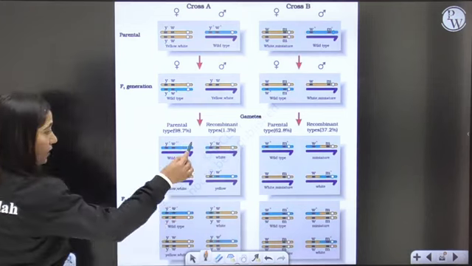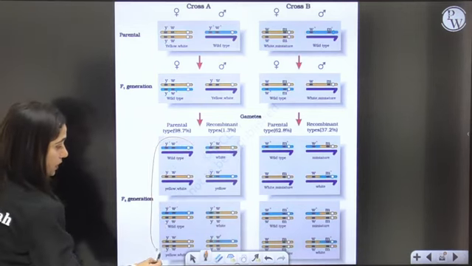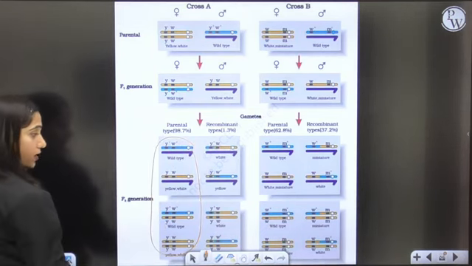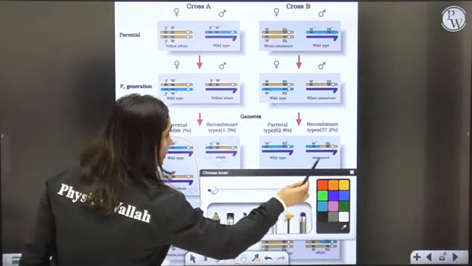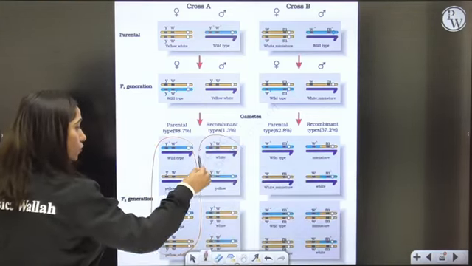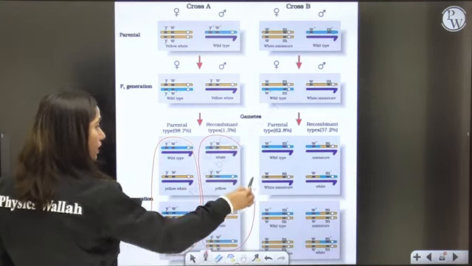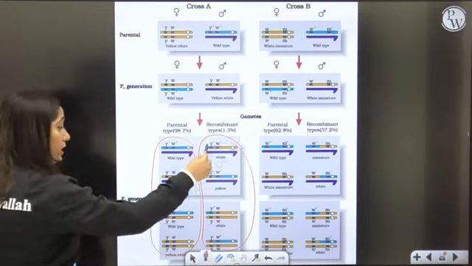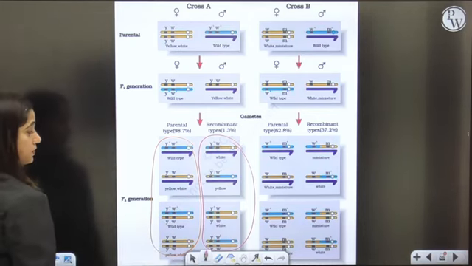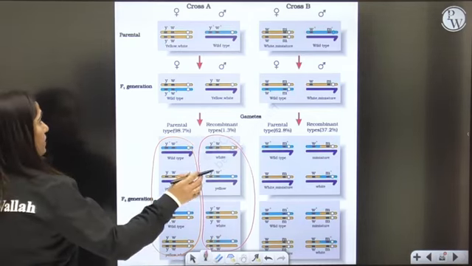These are the parental types. Out of 8, these 4 are the parental types and these 4 are the recombinant types. What are parental types, beta?